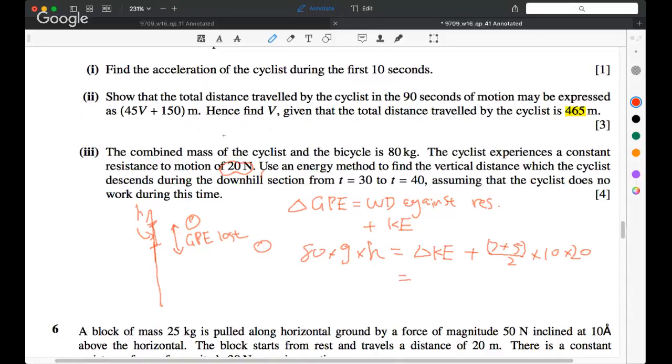It's pretty much just because kinetic energy is equal to a half mv squared. So the change will just be a half times 80 times 7 squared minus 5 squared, and plus this lot. And that will give you h after rearranging the equation.